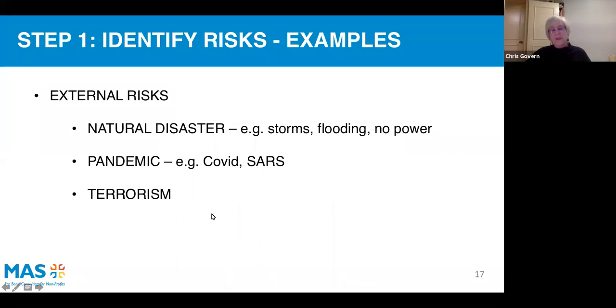And then the last bucket is just what I would call external risks. These are things you have absolutely no control over. They're nonetheless risks. When I started doing this presentation around risk management a couple of years ago, when I talked about pandemic risk, everybody kind of glazed over.